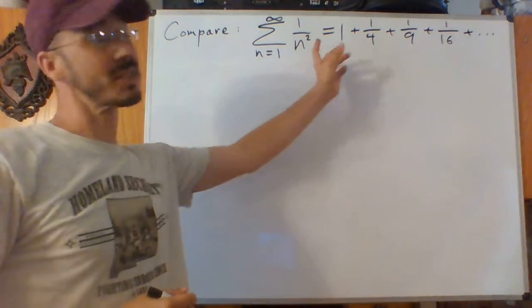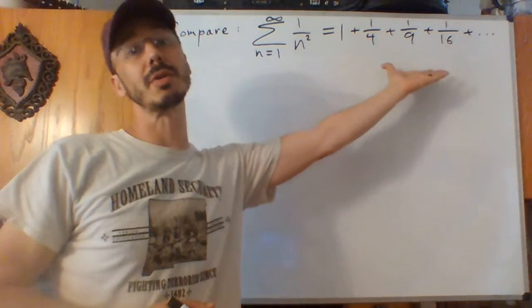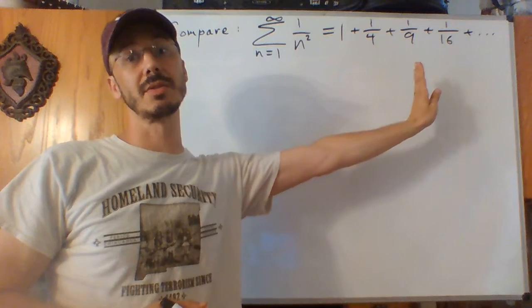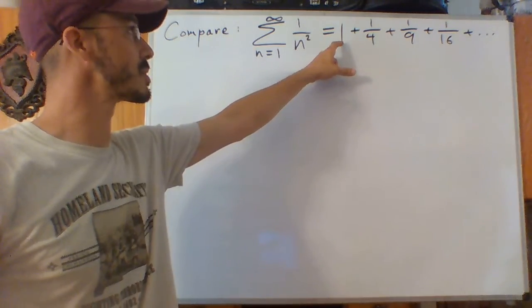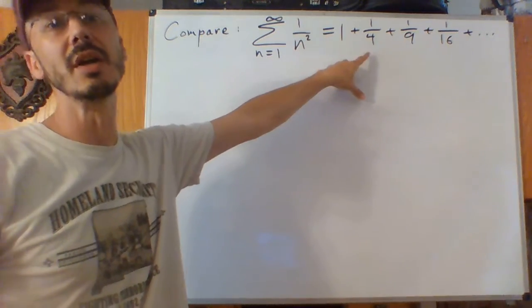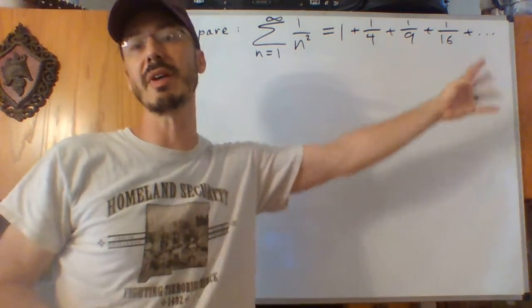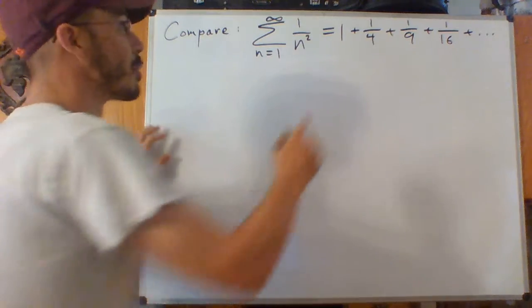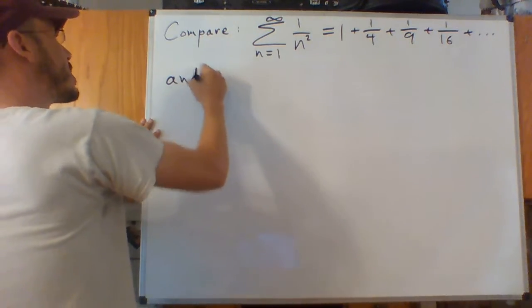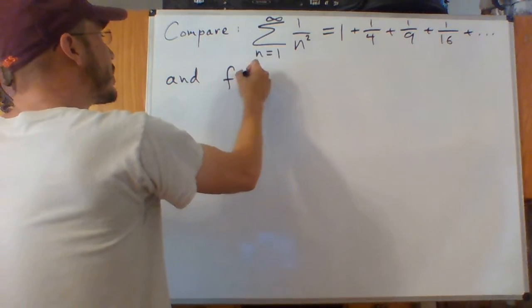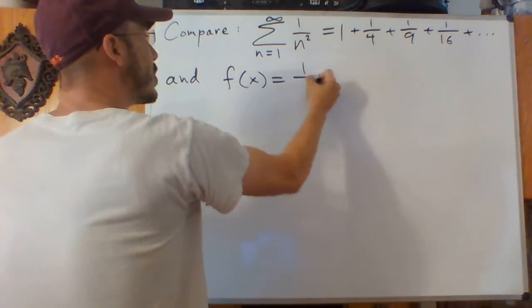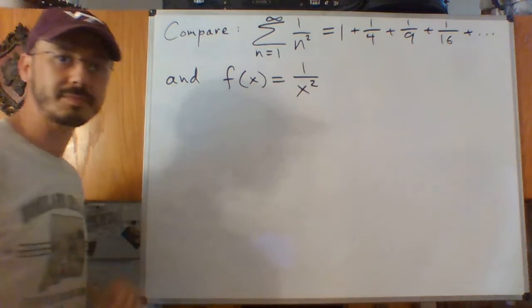It's the sum of the reciprocals of all the squares of the positive integers. So you can see those squares: 4, 9, 16, 25, the squares. We're going to compare this series with the function f of x equals 1 over x squared.